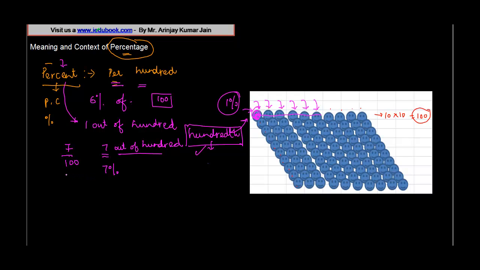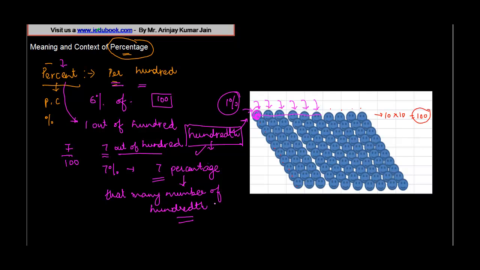Okay? And this is written as 7%, which means nothing else but that if you are writing 7%, that means that many number of 100th.